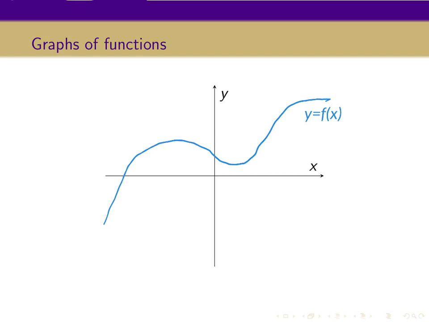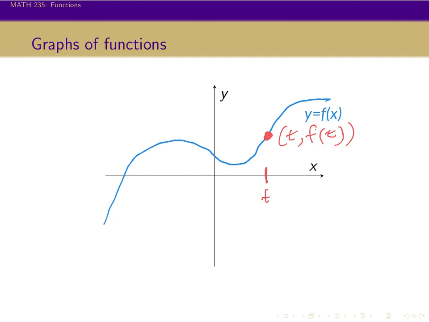Right? So when we have a graph of a function, the x-axis is representing the inputs that were coming in, so it's representing the domain. And so if we pick some x value, so let's start calling that t, well then there's some point on the graph of the function, t, and then the y value there for that point is the value of the function when you plug that in.